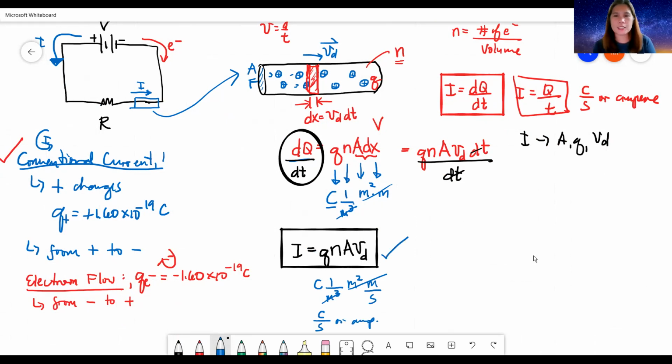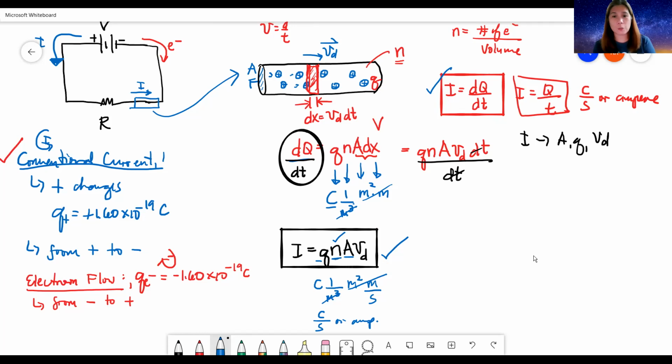So in other words, aside from this as current, if you know the dimensions of the wire, let's say the radius or the diameter, and then you know the kind of material, you have N, or sometimes N is the unknown. So what I'm trying to say here is current is also affected by the following factors: the charge carriers, the concentration of electrons.